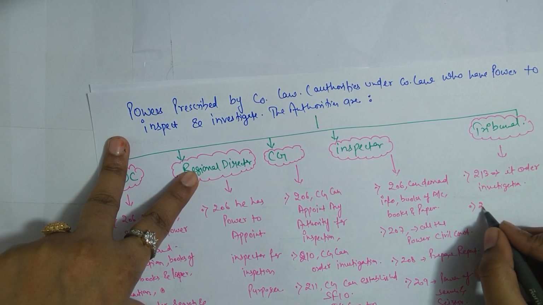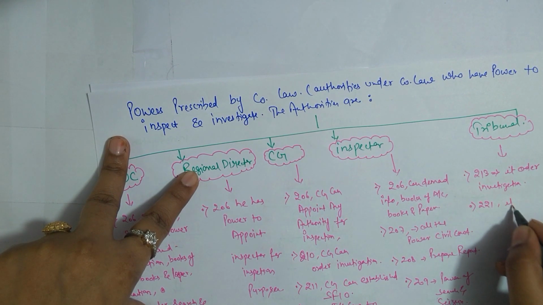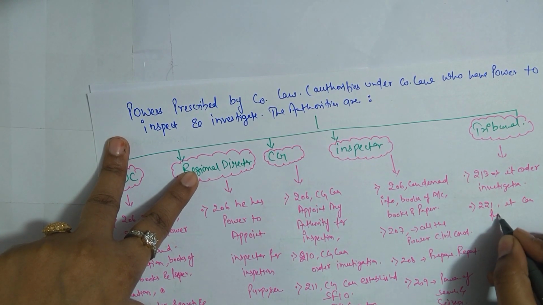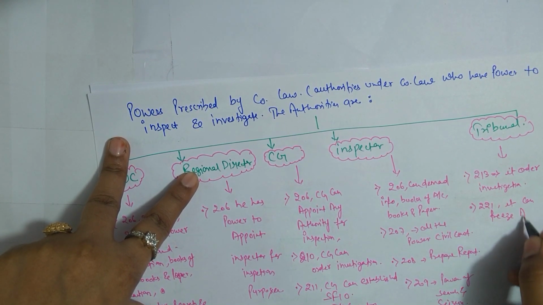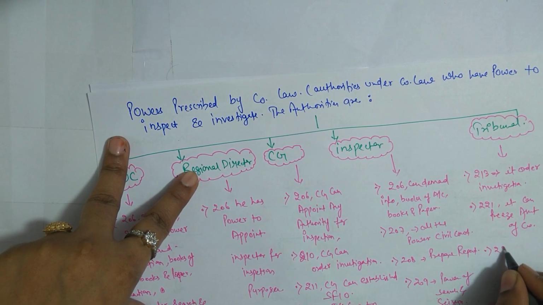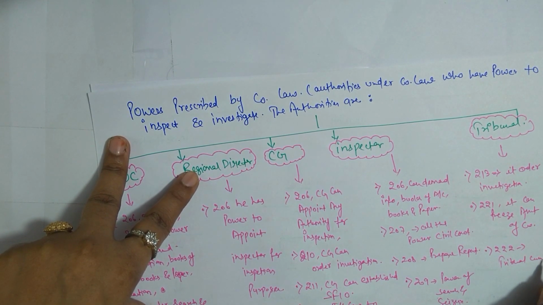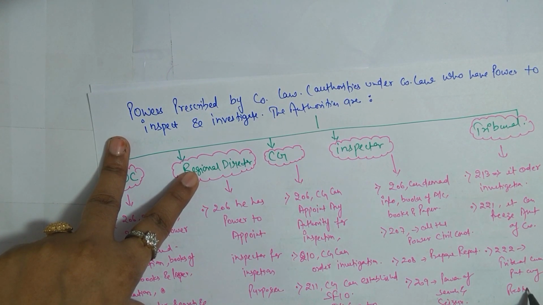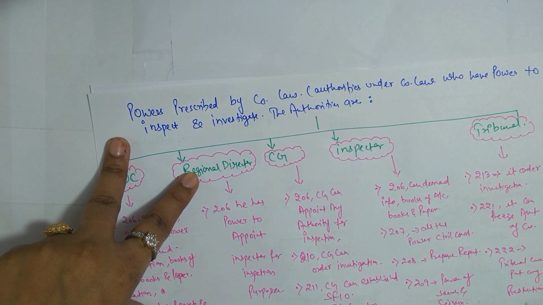Under section 221, it can freeze, which means the tribunal can freeze assets of the company. Under section 222, tribunal can put any restriction on the company while doing the inspection, inquiry and investigation.